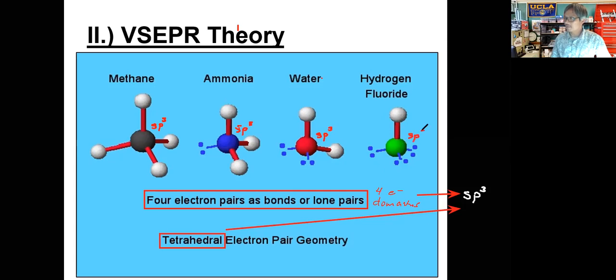All of these atoms will be sp3 hybridized. Why? Because each one of these has 4 electron domains, and the electron geometry, the shape that the 4 electron domains take around the center atom, will be tetrahedral. Okay? So that's how we know that each one of those atoms will be sp3.